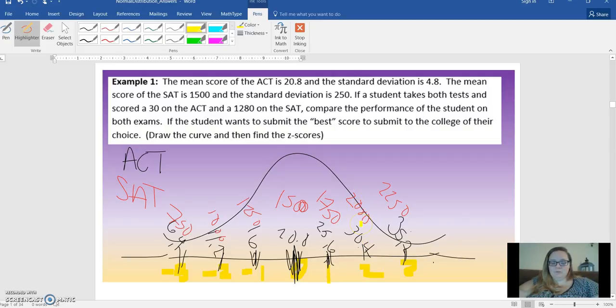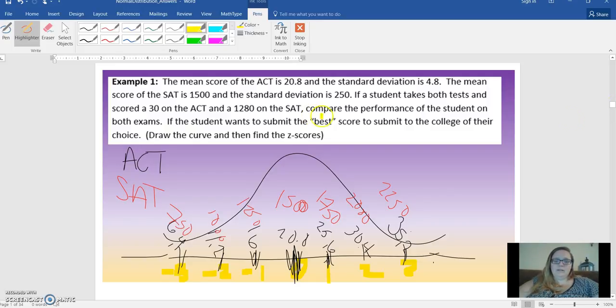Those are equal scores, and 2 standard deviations are within 95% of the data. For somebody to score a 2000 or a 30.4, they're in the top 5% of the test takers.